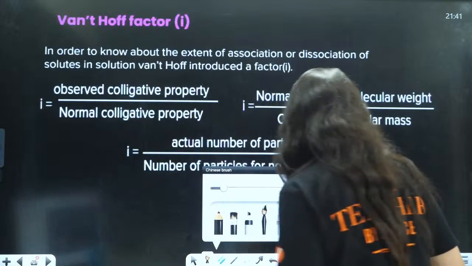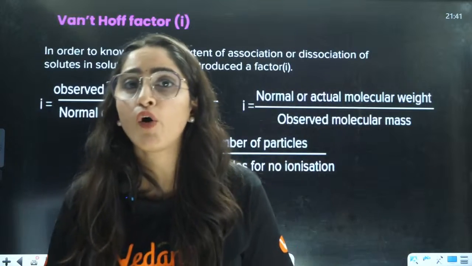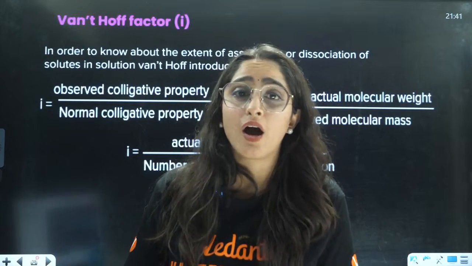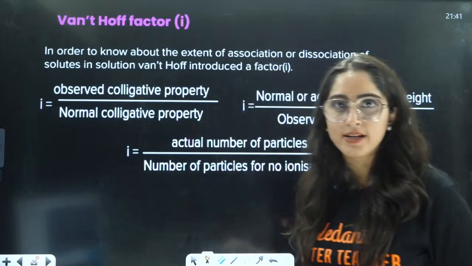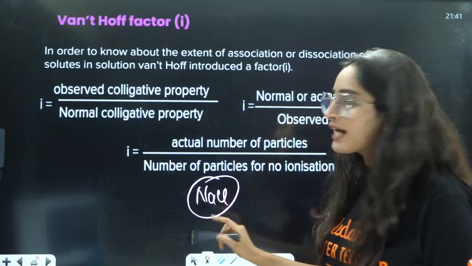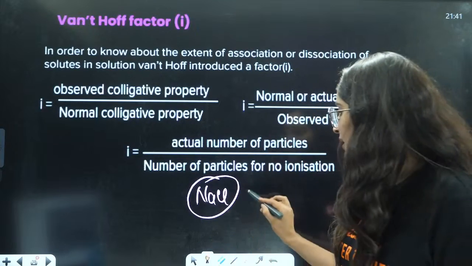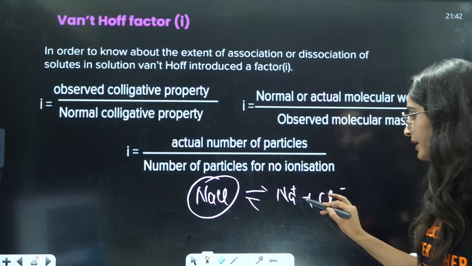So basically, what is the Van't Hoff factor? The formulas that we discussed were for non-electrolytes like urea, sucrose, glucose. But when we talk about electrolytes, they will dissociate. For example, NaCl. We think that we will have one molecule, but in reality, we will have two ions, that is Na positive and Cl negative.